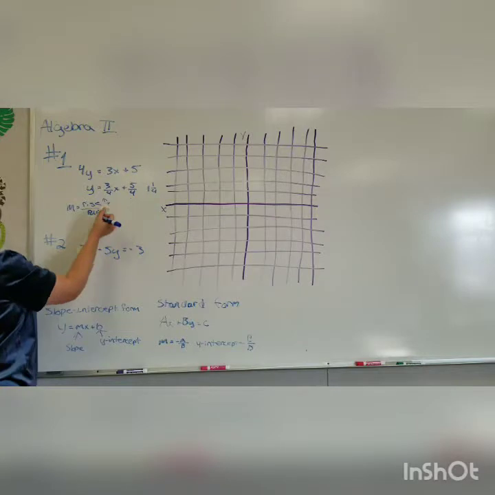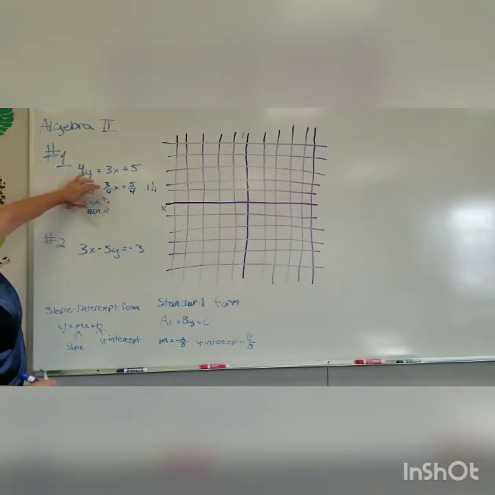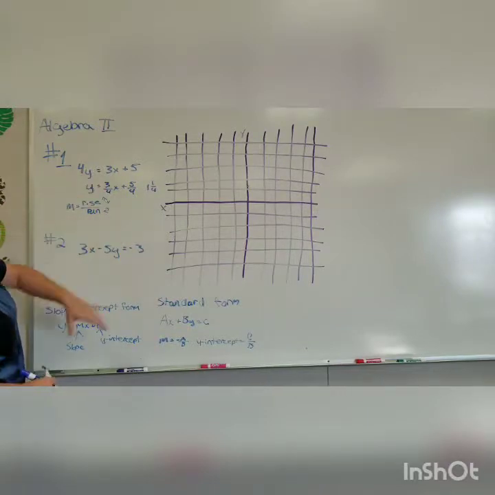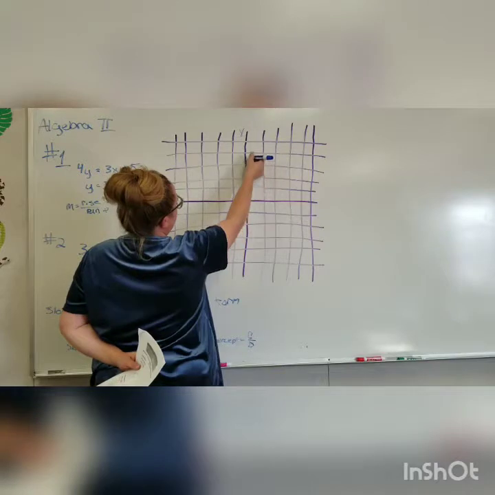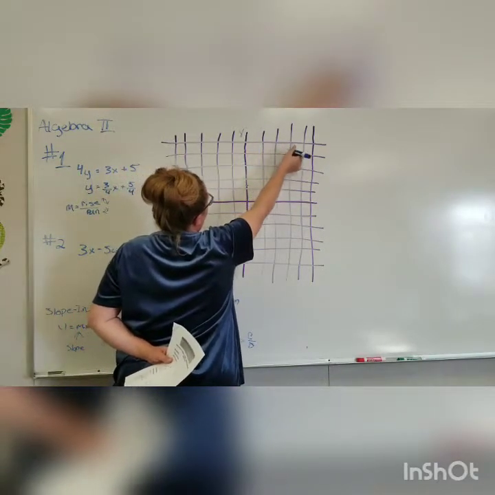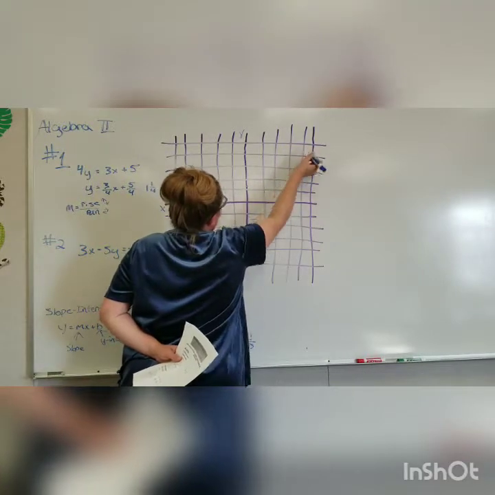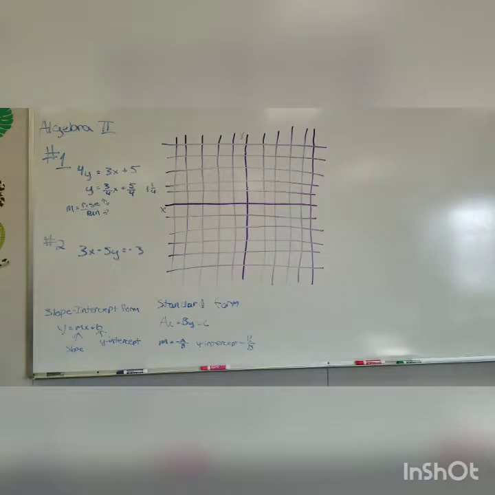They're both positive, which means positive on top means you go up, positive on bottom means you go to the right. So you're going to rise 3, so 1, 2, 3, and a run of 4 to the right, 1, 2, 3, 4. So there are your 2 points. Draw a line through those 2 points, and that is your line.